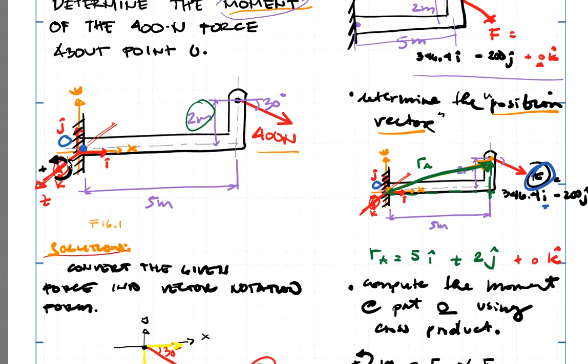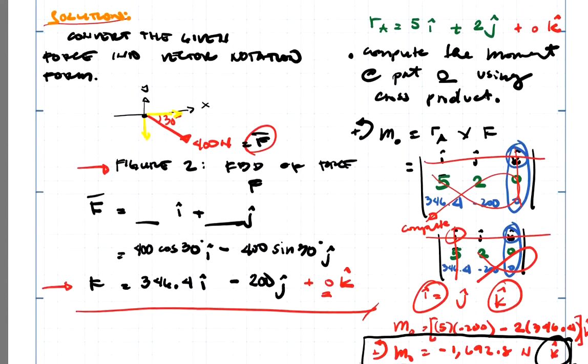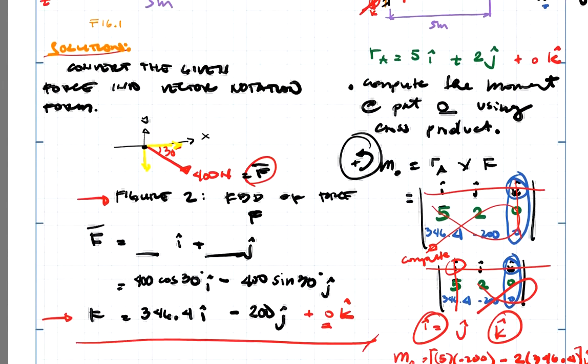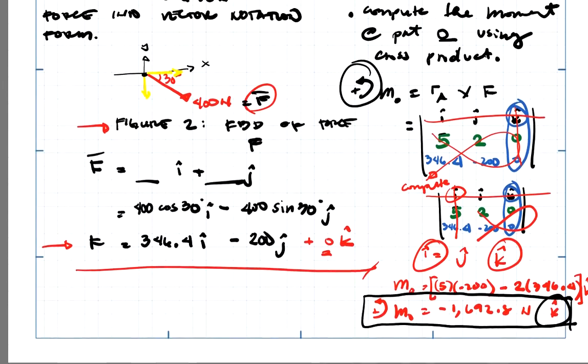Since this is a negative sign, it only means that if this is our positive rotation, this is our positive direction. If our answer is negative, it means that this force causes an inverse rotation based from this initial positive direction.